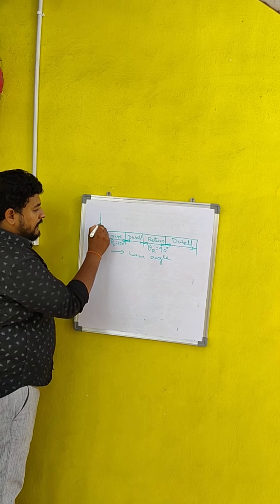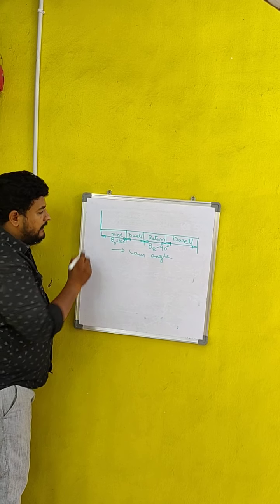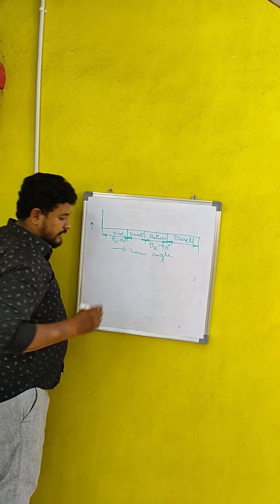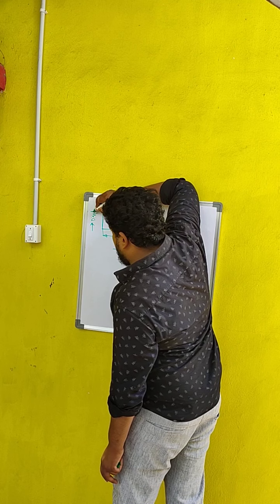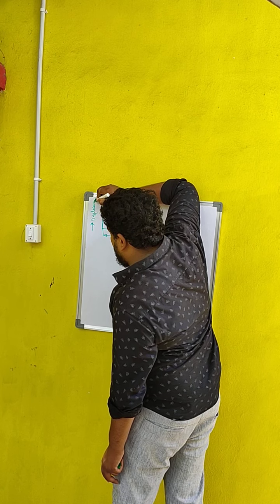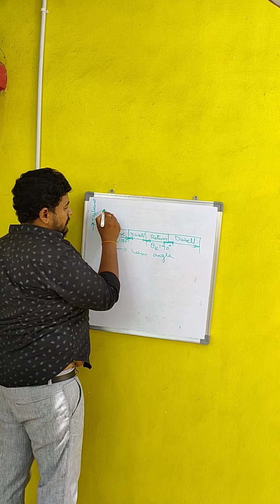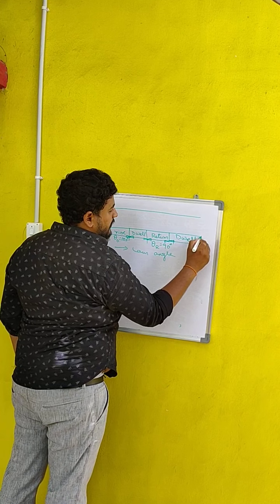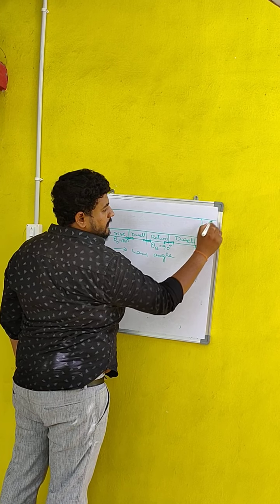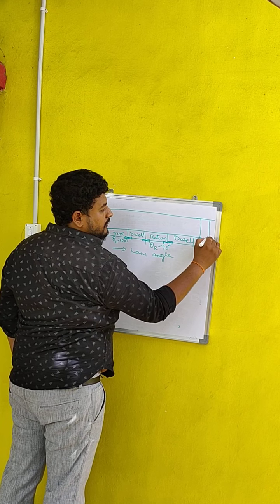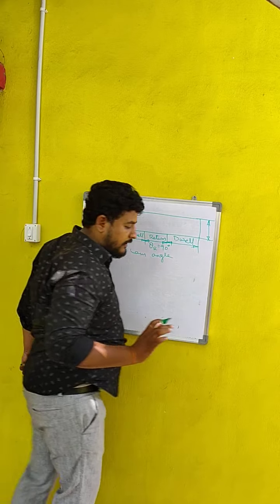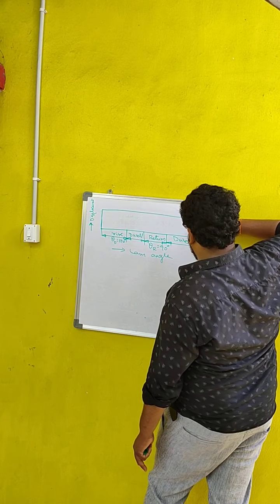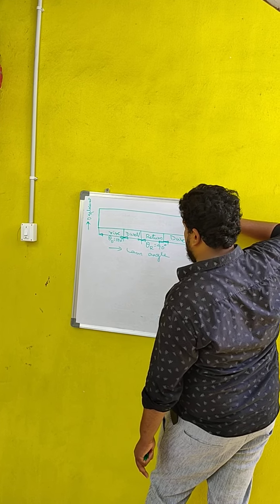From here, draw a line of 40 mm length, which represents the displacement of the follower, and convert it into a rectangle. This should be the stroke of the follower.